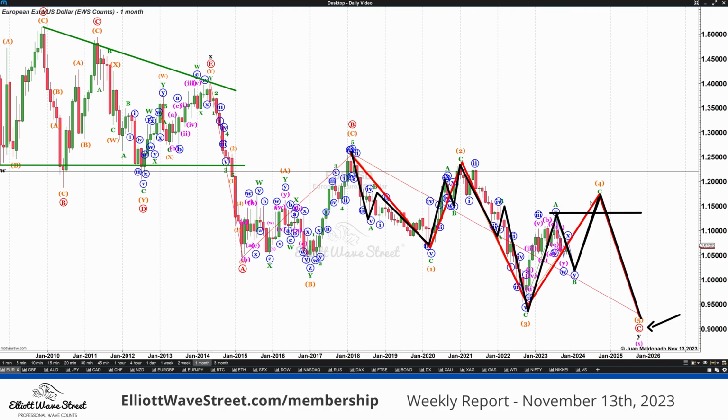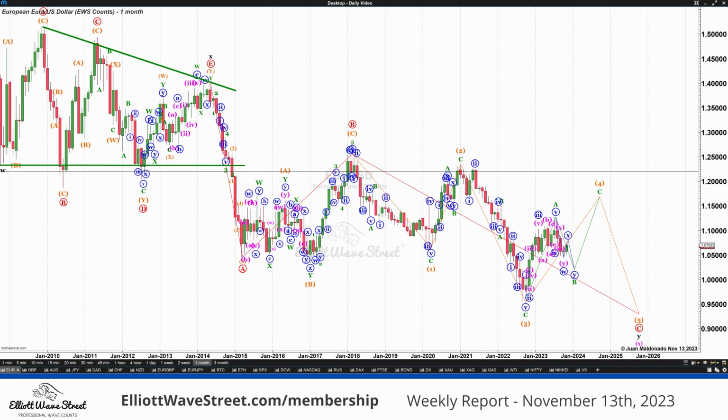It's important to understand the bigger picture because then you can have a better sense of what's going on in the lower time frames. That's one of the key advantages of the Elliott wave theory, that we can go from the monthly chart into the lower time frames thanks to the multiple time frame analysis.